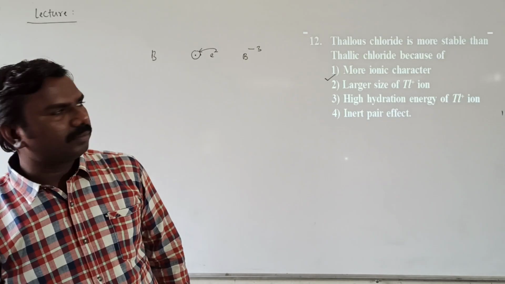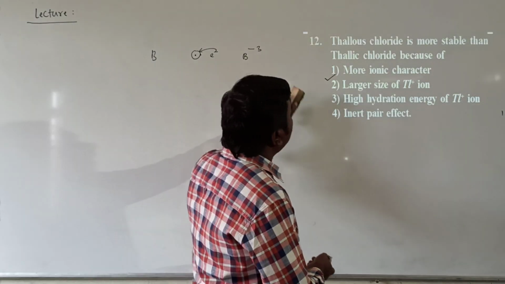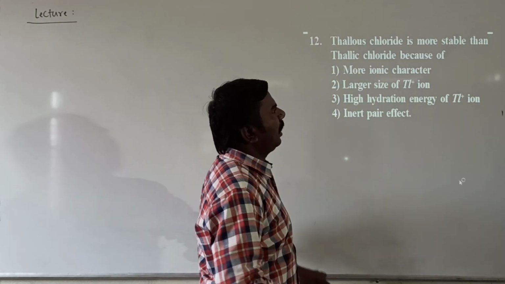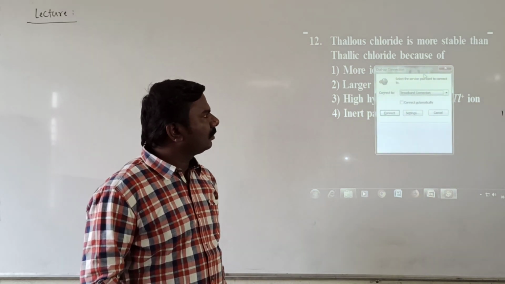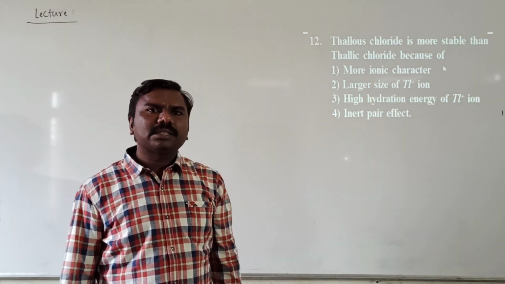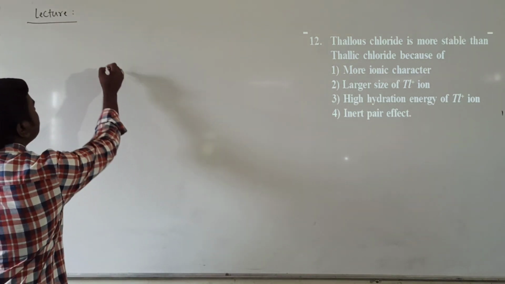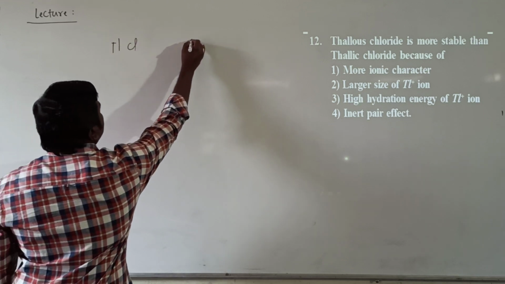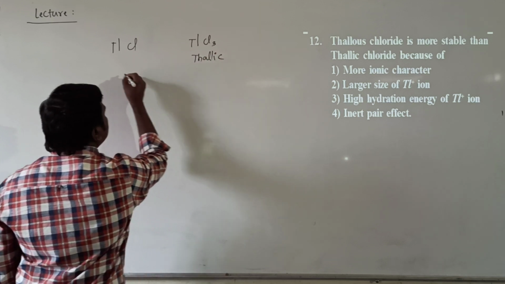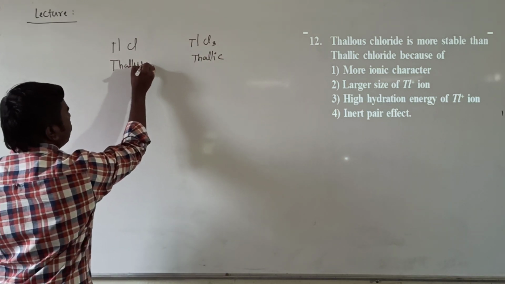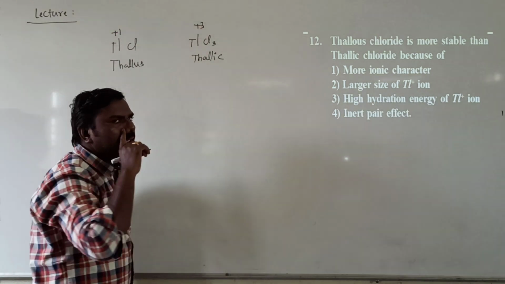Second, thallous chloride is more stable than thallic chloride because thallous means TlCl, with +1 oxidation state, and thallic is +3 oxidation state.